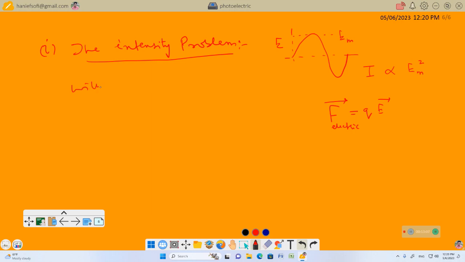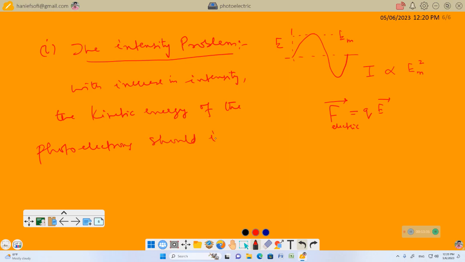With increase in intensity, the kinetic energy of the photoelectrons should increase, right?